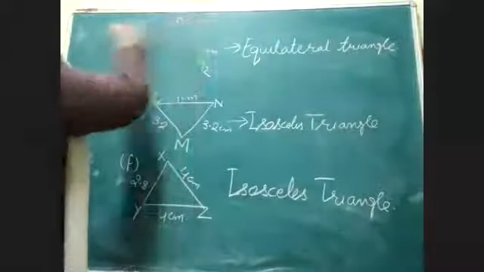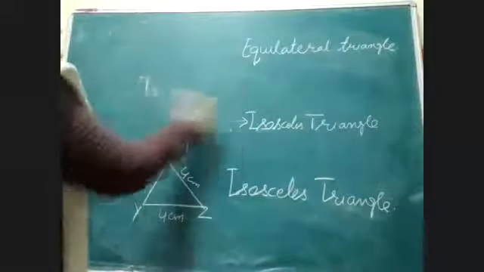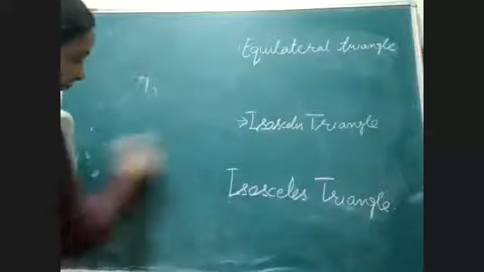Third question of exercise 7.4. Yes, friends, in the third question we have three parts, part A, B, and C. Now, in this question, measure the sides of each triangle given below. First, we will measure each side of this triangle with the help of a scale.